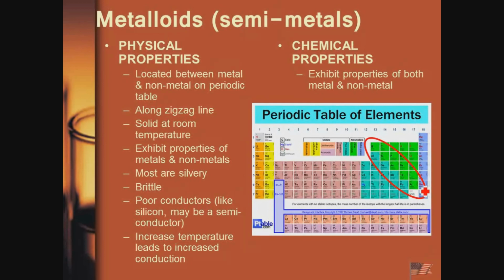So when we talk about a computer, the chip is made of silicon. Silicon's right in the center of that semi-metal level. So they're kind of in between the metals and the nonmetals.